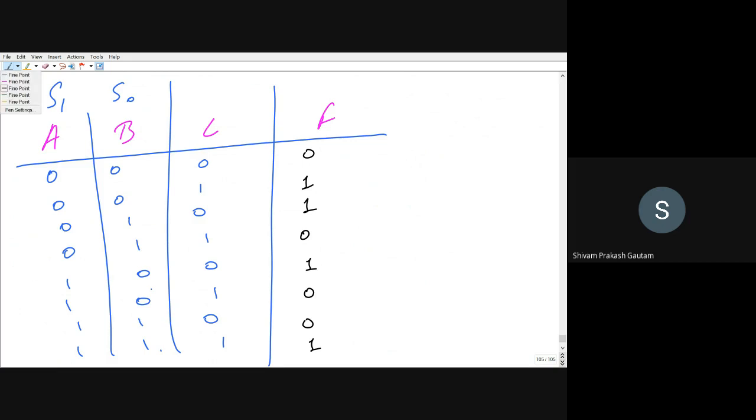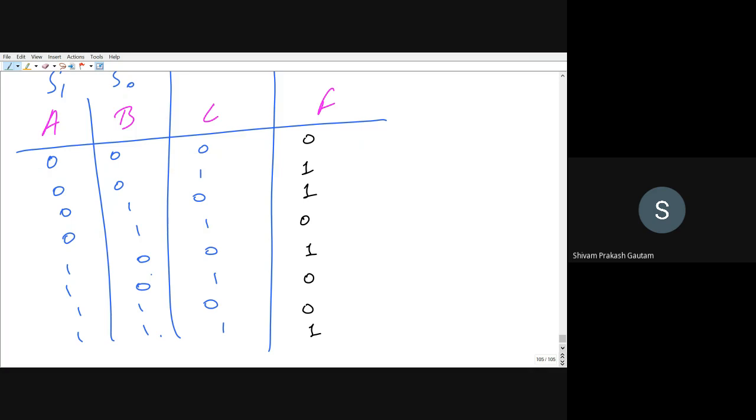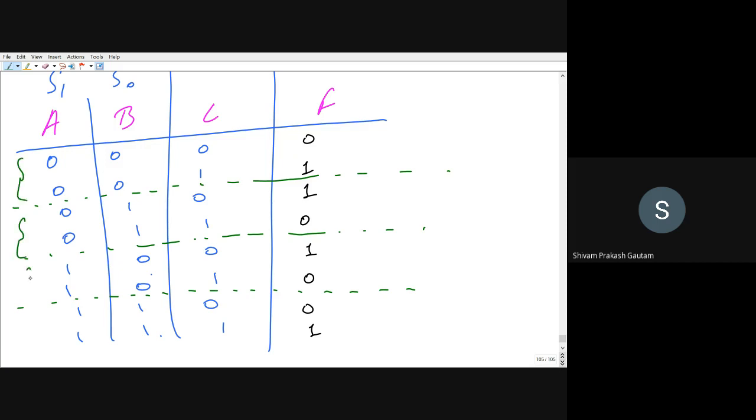Now after this, you can divide this into subcategories of 2. If you see these categories, in all of them A and B remain constant.